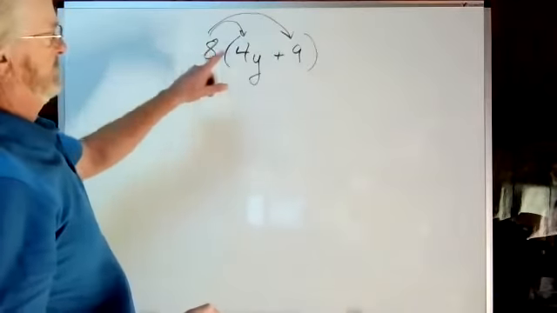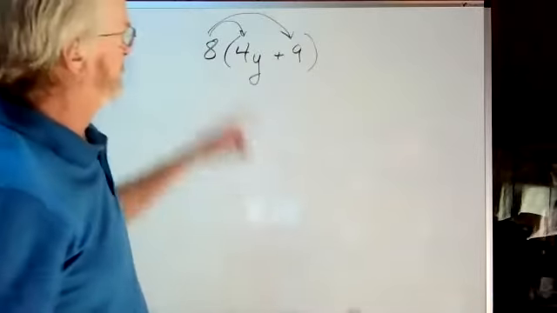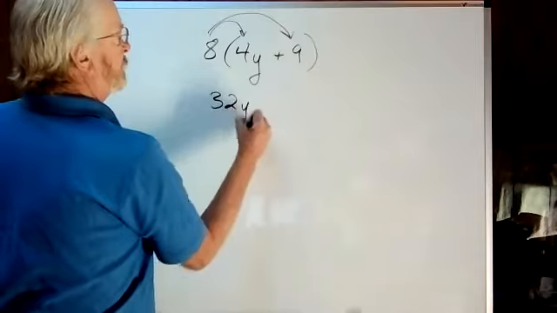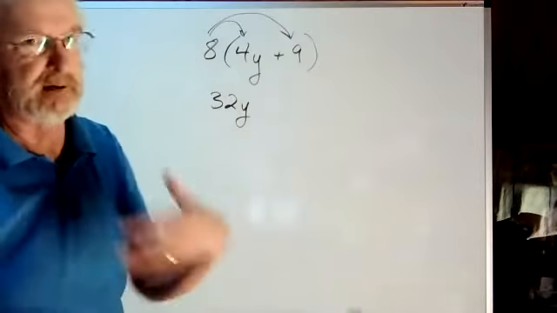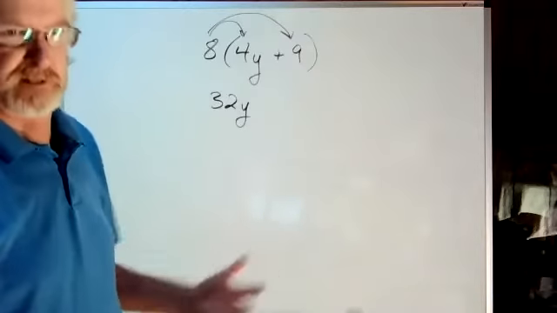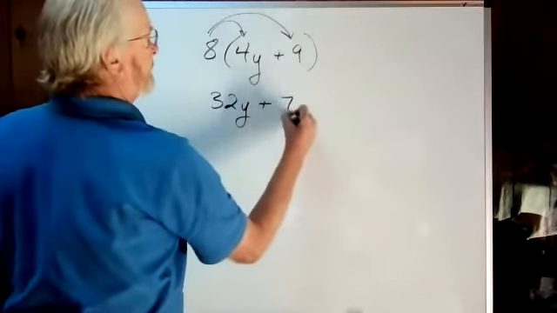So that's 8 of the 4y's, so 4 times 8 says I have 32y's. I hope you don't mind that I just did the multiplication in my head. You can do that. I would think you might do that yourself normally. And 8 times 9 is 72.